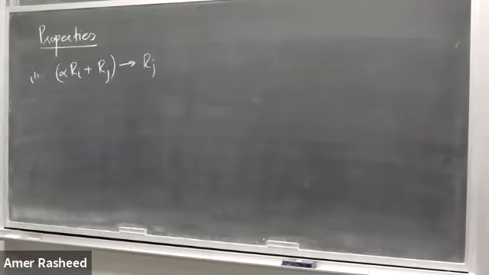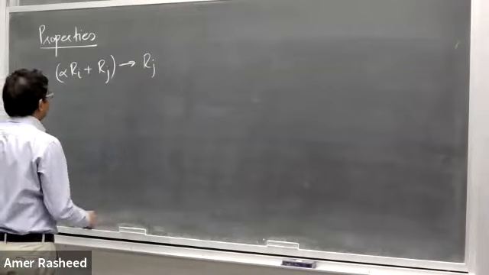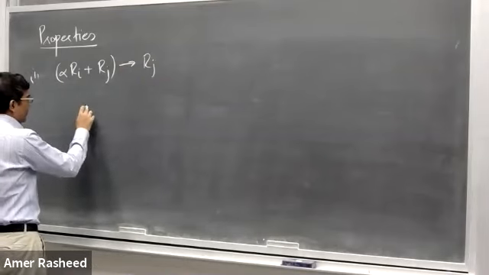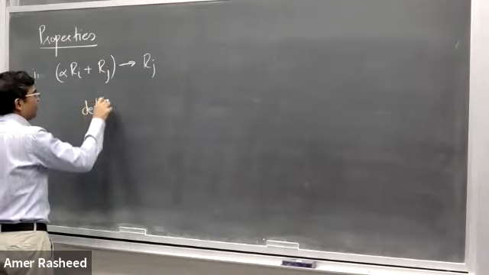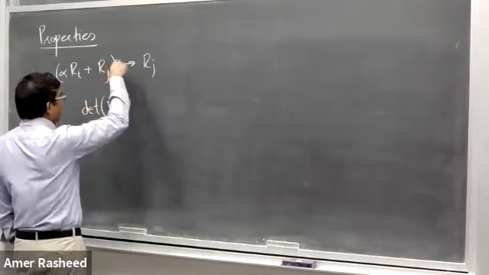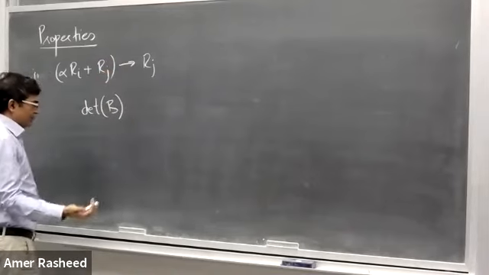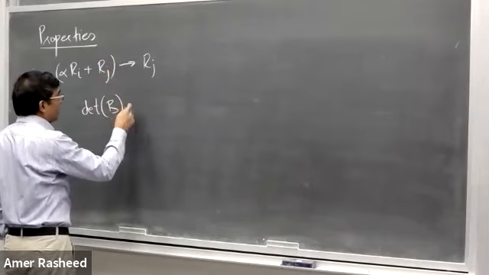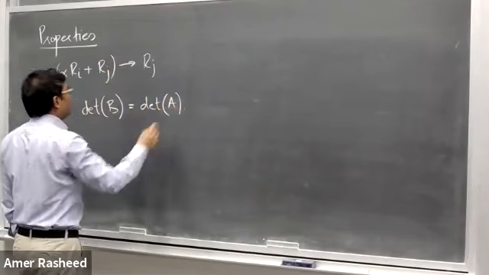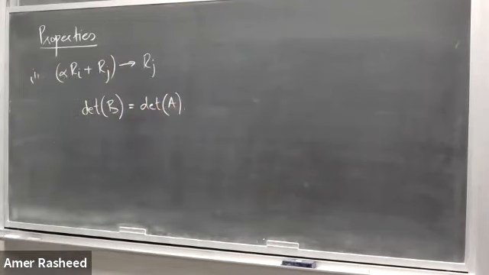This was the third elementary row operation in determinants, which doesn't change the determinant after applying this operation. The determinant of the resulting new matrix is equal to the determinant of the previous matrix. This was the third elementary row operation.